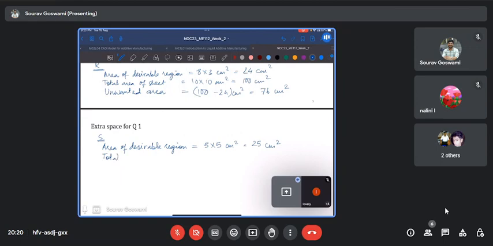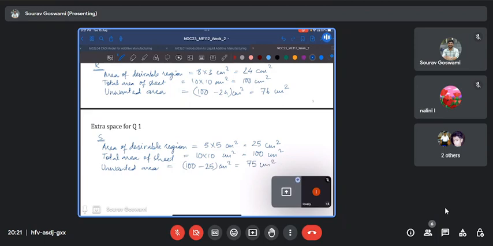The total area of the sheet will remain unchanged since we are using the same feedstock. Thus, we can calculate the unwanted area in this case also, which is the total minus the desirable, 75 in this case.